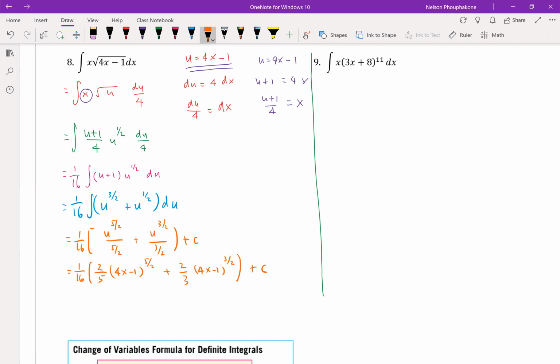Okay, then now what we could do here is simplify. So I will have 1/4, 4x minus 1 to the 5/2, plus 1/24.